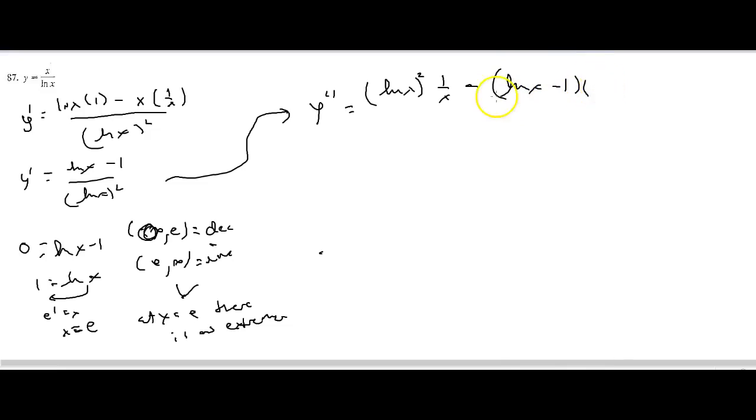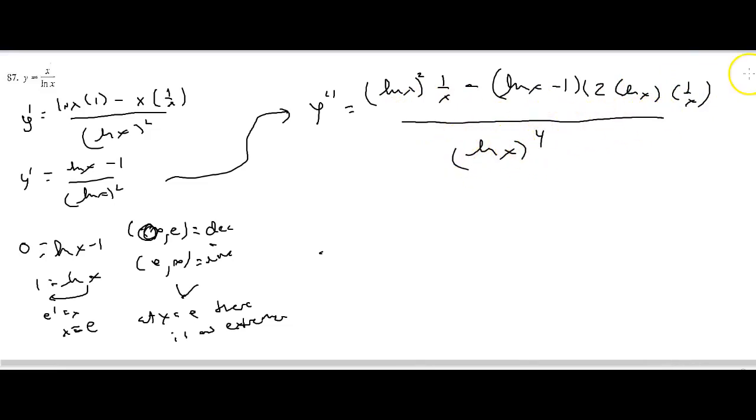The bottom's going to be, take the derivative of the outside as if the inside was an x. So I'm going to do a chain rule: ln of x times derivative of the inside, which is 1 over x, all over ln of x to the 4th. Isn't that fun? Okay, I'm going to note that I have an ln x here, so I can get rid of it here and turn this into a 3.